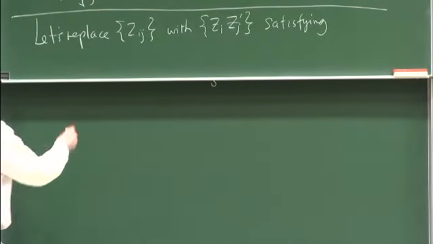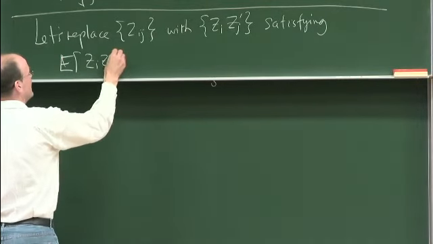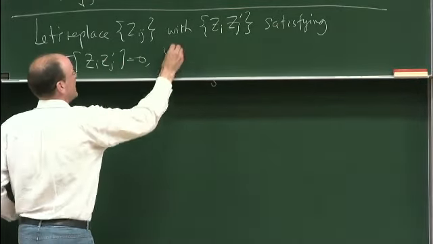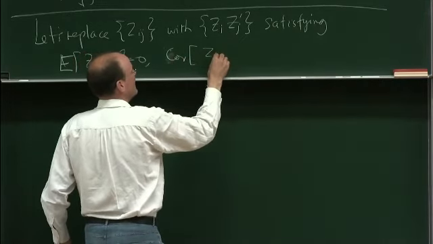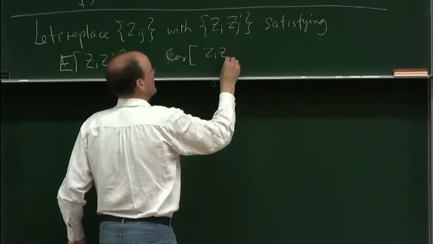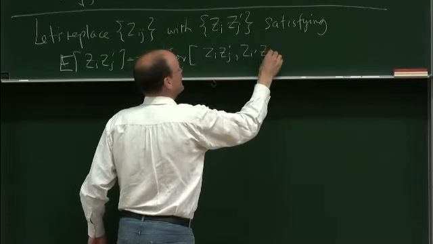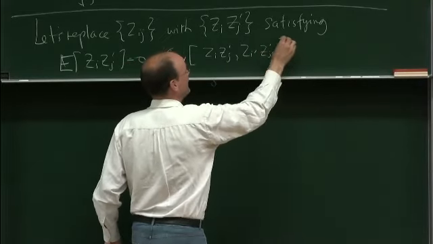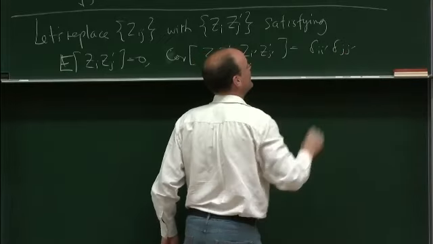Okay, so we just need, in fact, that the expectation of z_i' z_j' is equal to 0, and that the covariance between z_i' z_j' and z_i'' z_j'' is, we'll just do this with delta functions. Okay, that's what we require.